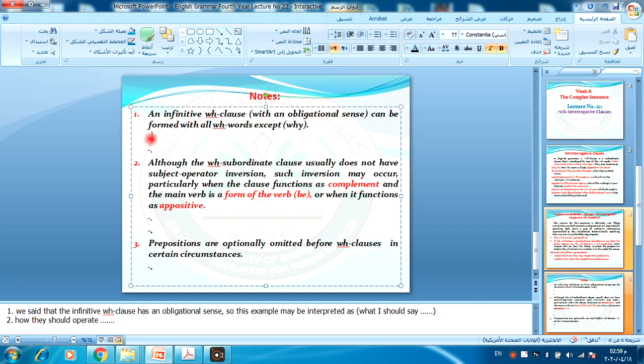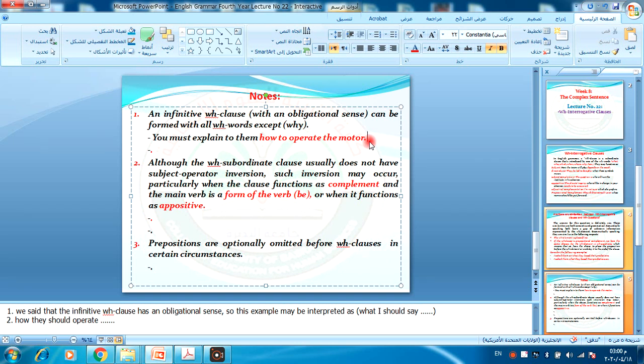For example, when we say, you must explain to them how to operate the motor. So how to operate the motor.